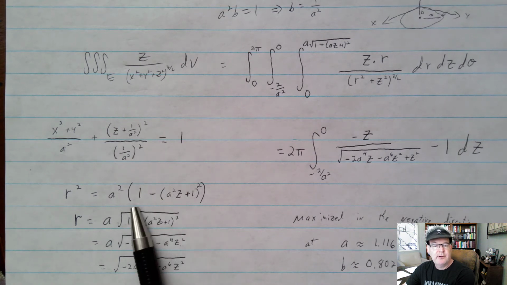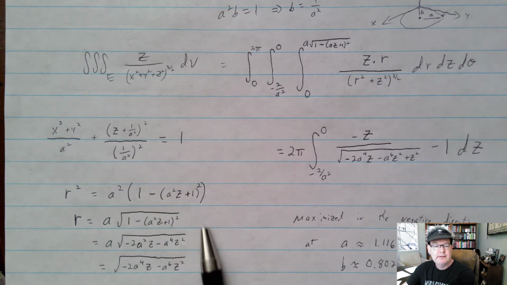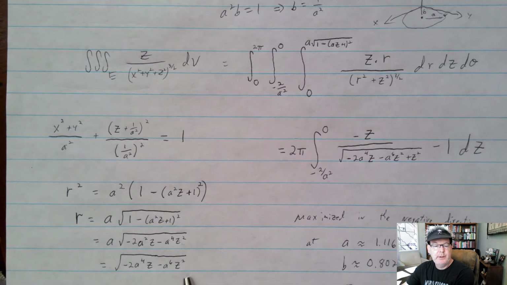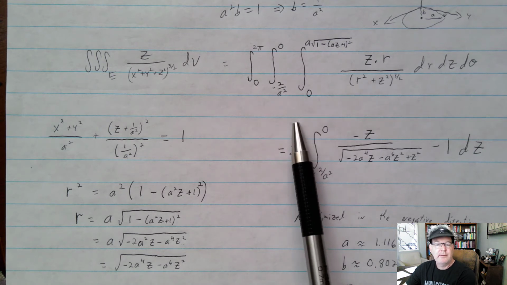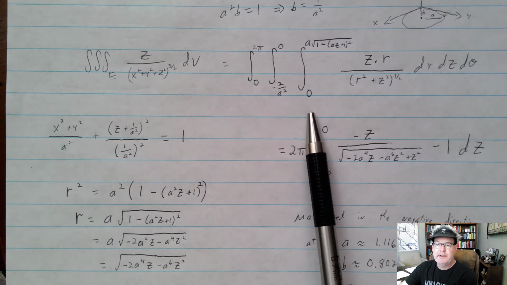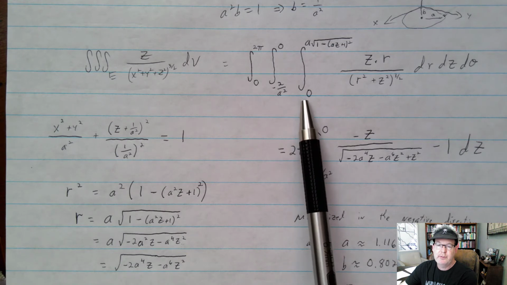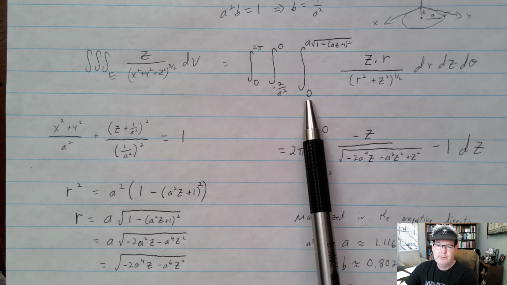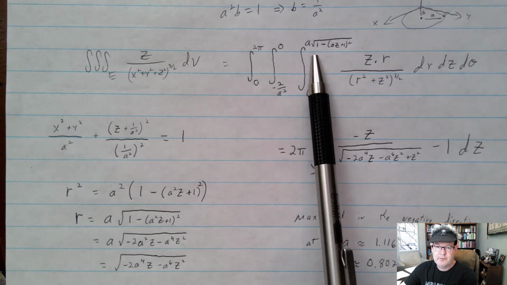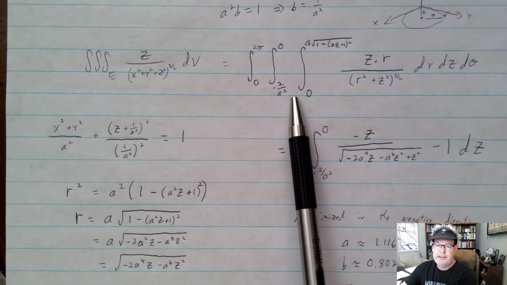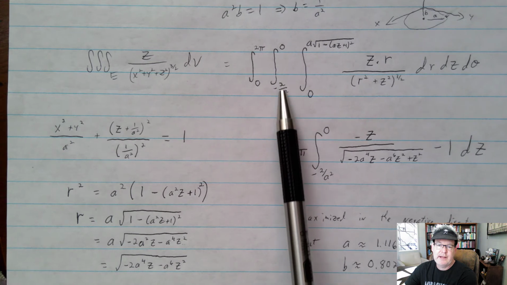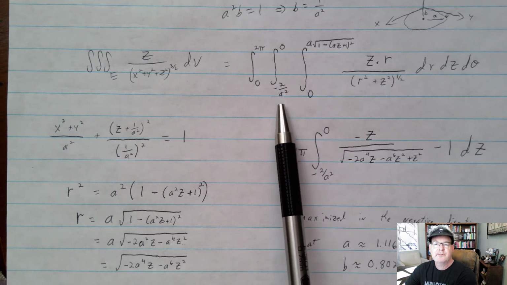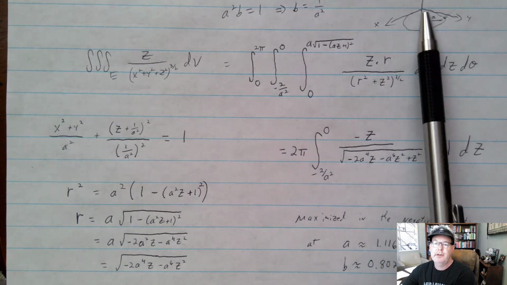So if I solve for r squared, I did it in many ways for different purposes. So that's my limit of integration if I integrate r first. So r will go from 0 to the surface for all the values of z from negative 2 over a squared to 0. The center is at negative 1 over a squared, just b below the origin.